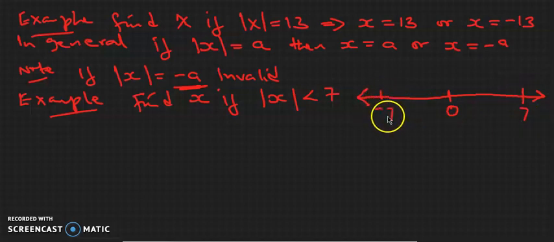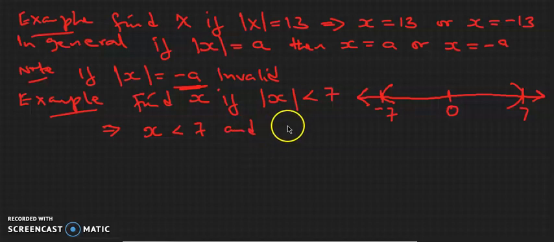So it means x is less than 7 and greater than negative 7, that range between negative 7 and positive 7, less than positive 7 but greater than negative 7.